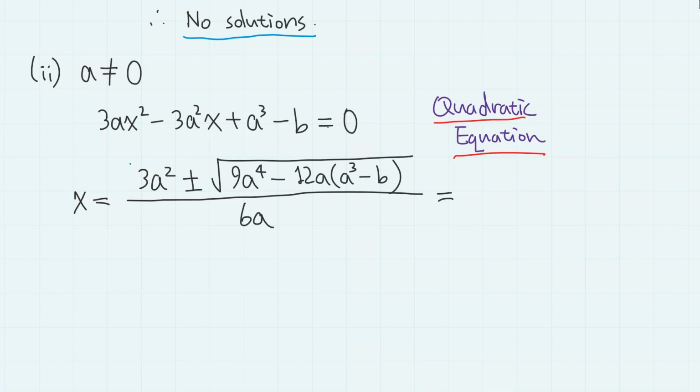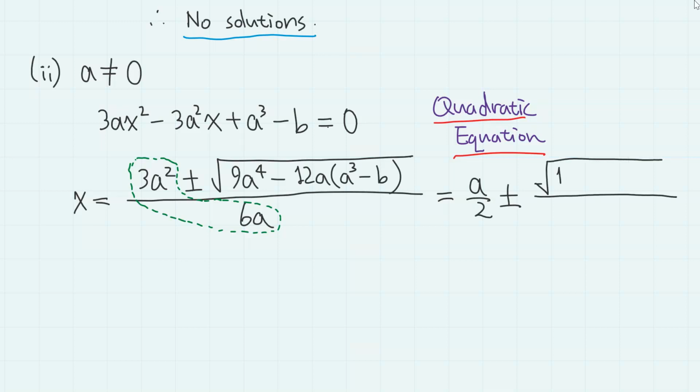Therefore, this part can be simplified to a over 2, so a over 2 plus minus. Then for the inner part of the radical, we have 12ab minus 3a to the power of 4, divided by 6a. So this is x.